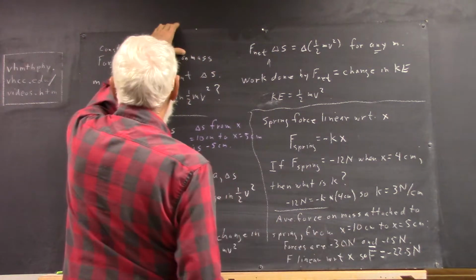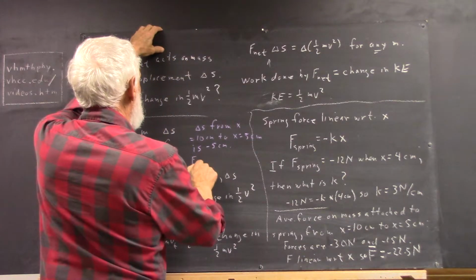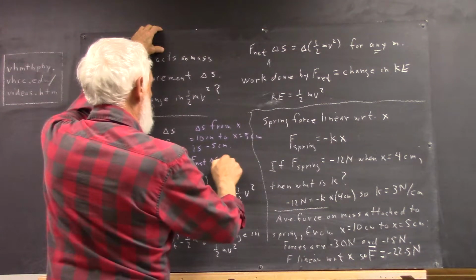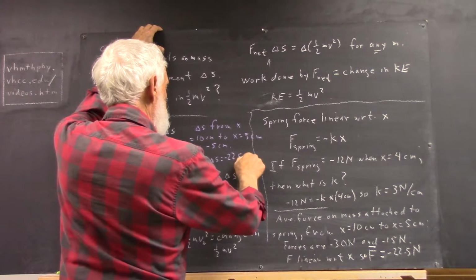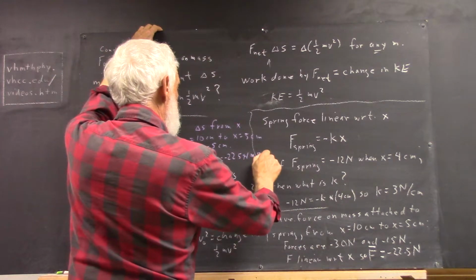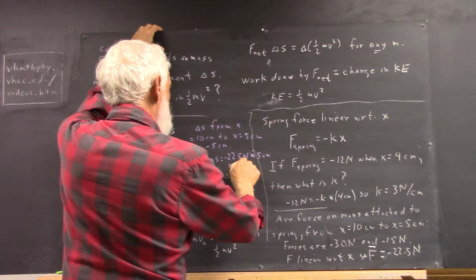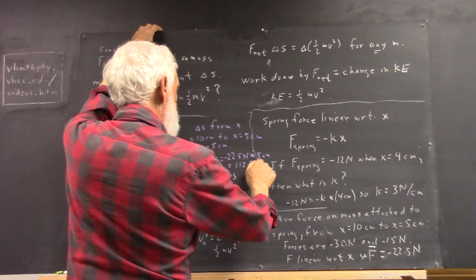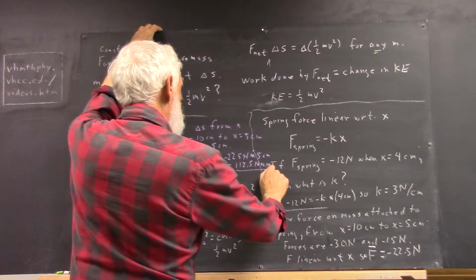Now your F net times your delta S is going to be negative 22.5 newtons times negative 5 centimeters, which is going to be, I think, 112.5 newtons times centimeters.